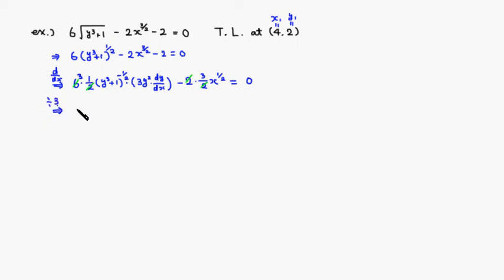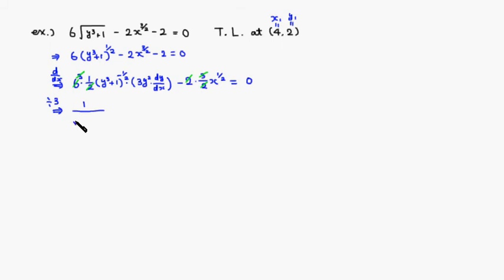That basically means I can get rid of the 3 from the first term and from the second term. What's left is 1, and we have y cubed plus 1 to the negative 1/2 power.